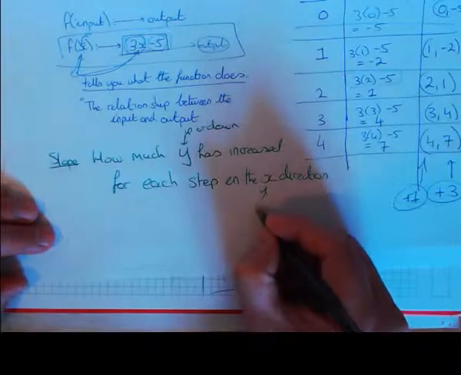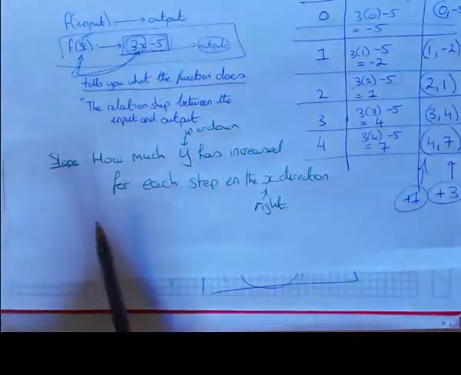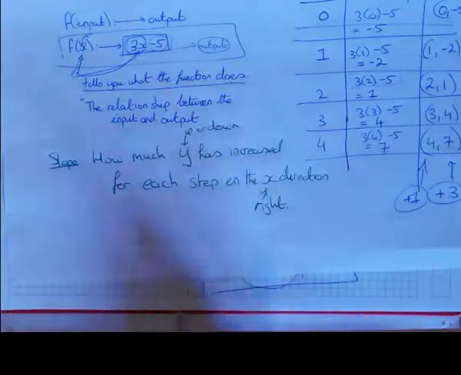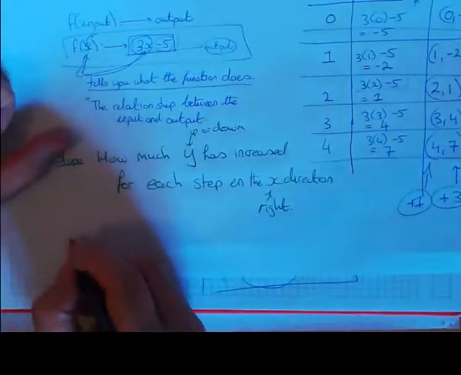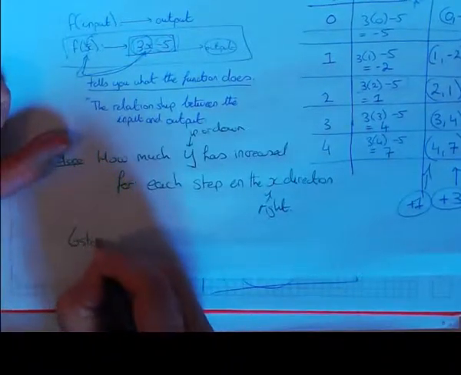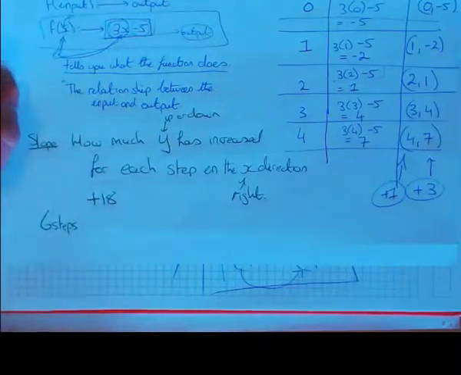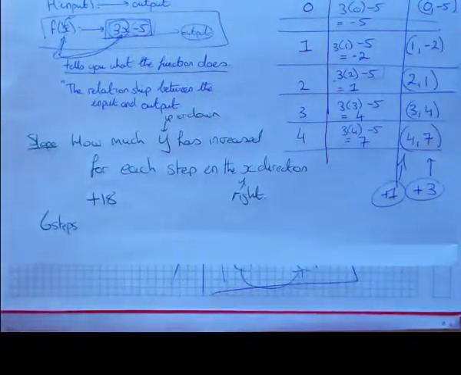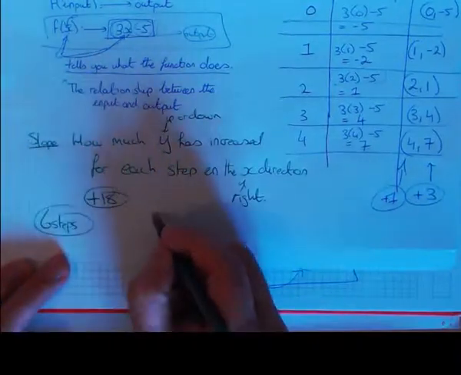And the x direction, of course, is how much right we've gone. So for each step we take right, how much have we gone up or down? Well, x2 minus x1, so we've taken 6 steps and we've increased by 18. So to find out how much we've done for each step, we go 18 divided by 6.